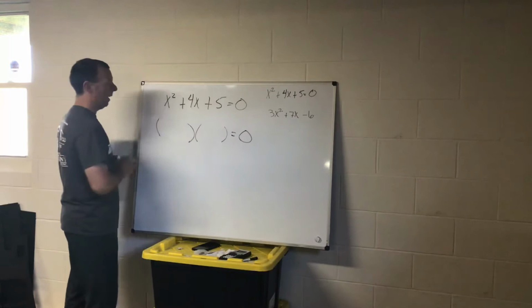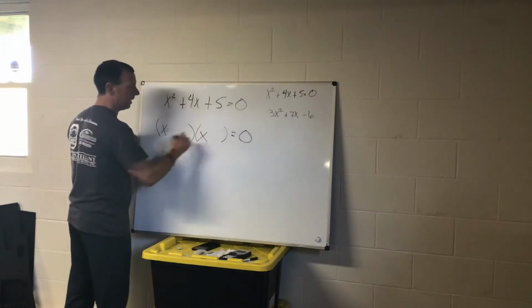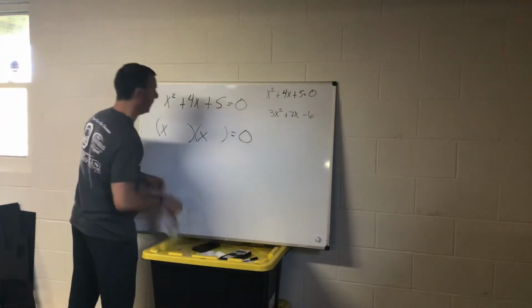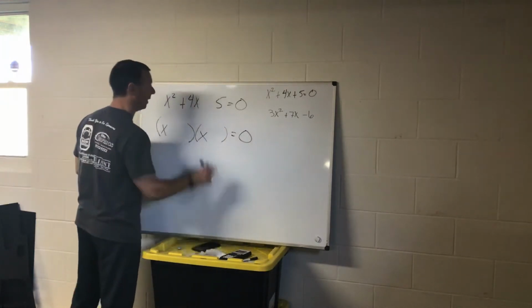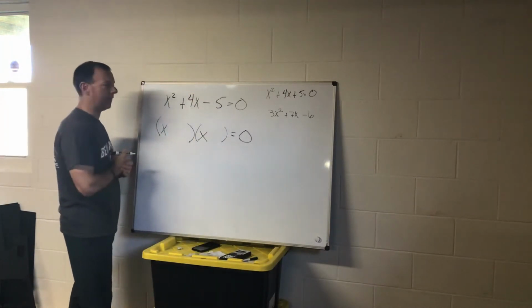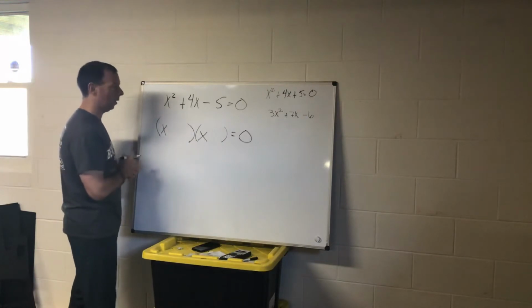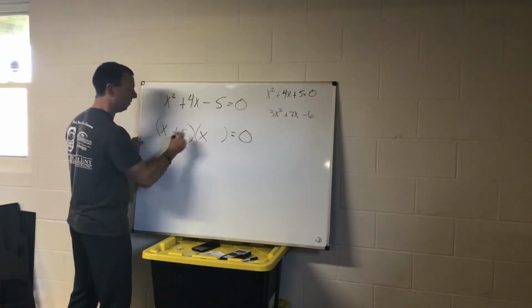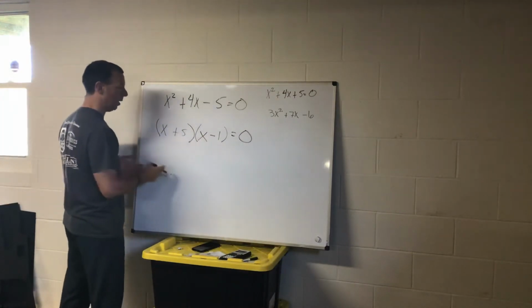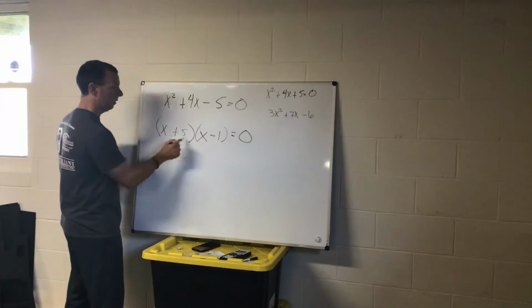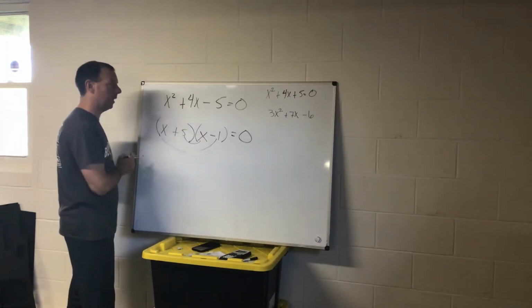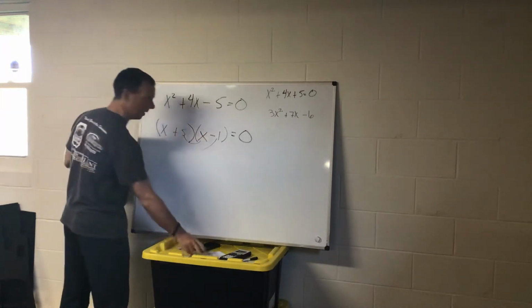Well, in my head, x squared, we know, is x times x. This goes back to last chapter. All right. Actually, I need to make this a -5 to make it work. So two numbers that multiply together to get -5, that add up to be 4. Well, if I have positive 5 and -1, if you FOIL that out, x times x is x squared, that would be 5x, that would be -1x, that's your 4x, 5 and 1 make -5.